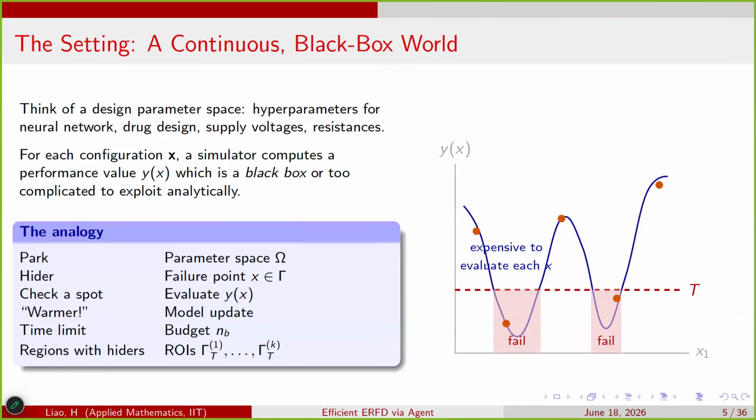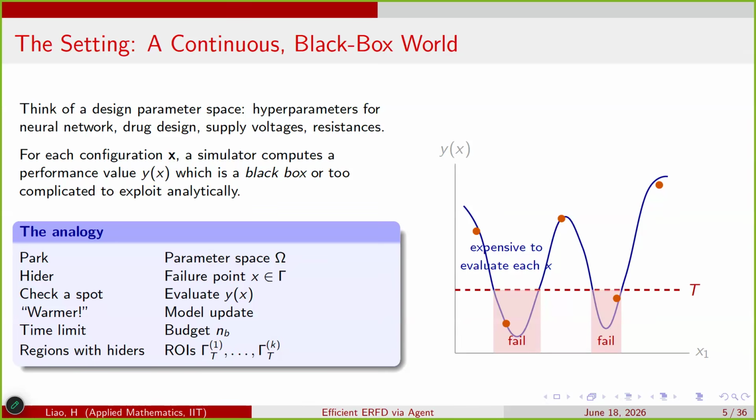For each of these configurations X, a simulator can compute some performance value Y, which is a function of X. And it can be noisy, which means we may not observe the true value, only a noisy version of it.